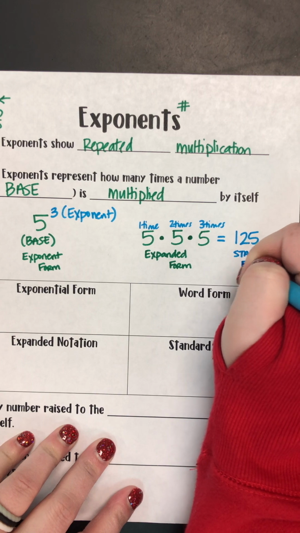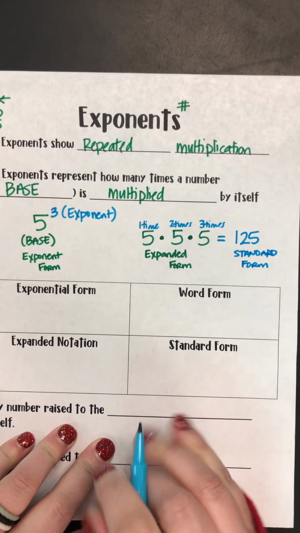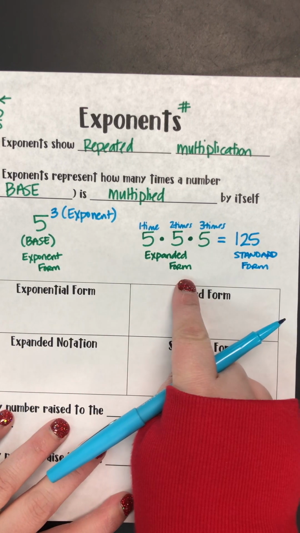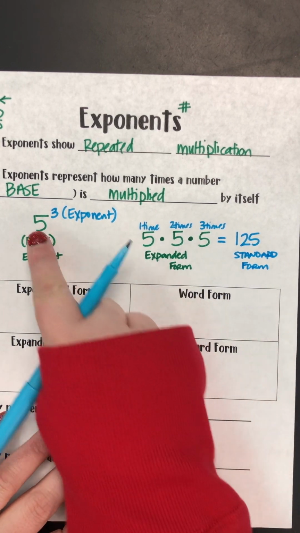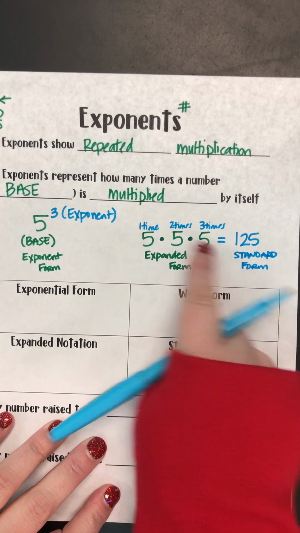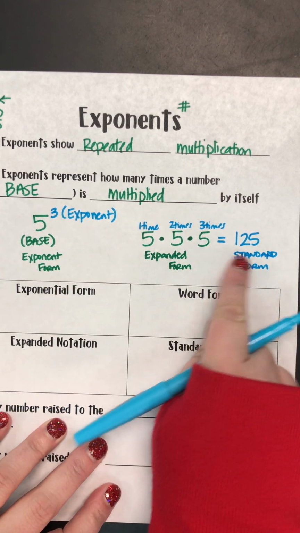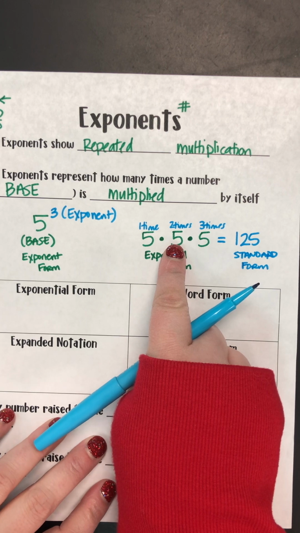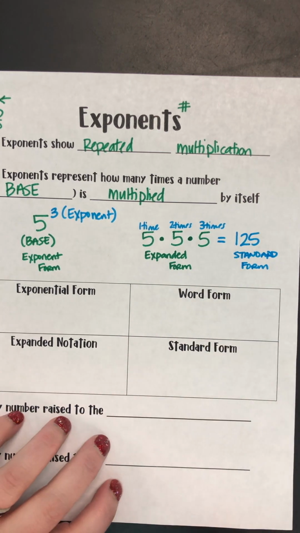So we have exponent form, where our number is written with an exponent. We have expanded form, where we write our base the number of times of the exponent. And then our standard form is just our answer. 5 times 5 is 25. 25 times 5 is 125.